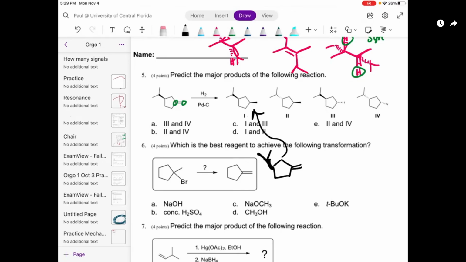Okay. Now, what compound would go to this guy? Well, if we just leave it like this, and we have our dashed isopropyl right there, that would go to that. But what is the relationship between those two compounds? Hopefully you see that those are enantiomers.